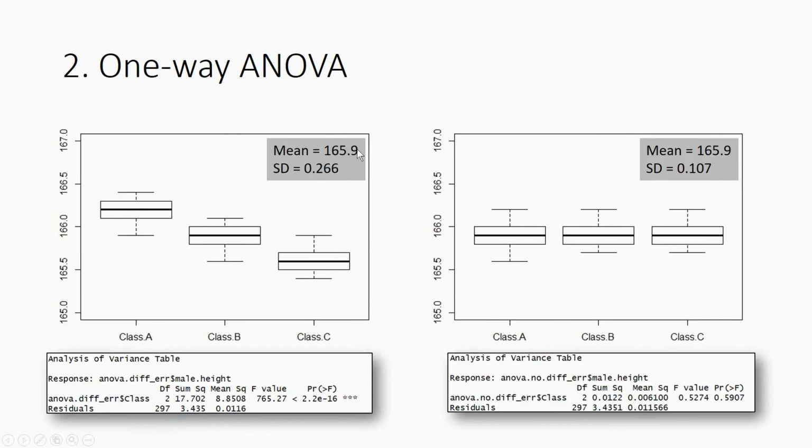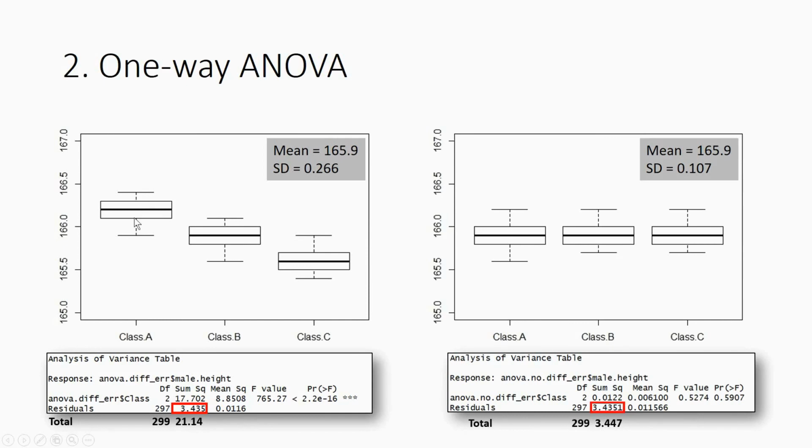These two data sets have the same overall mean, but the overall sum of square is different. If you calculate the overall, you can see the difference, right? This one's total sum of square is much larger than this one's.